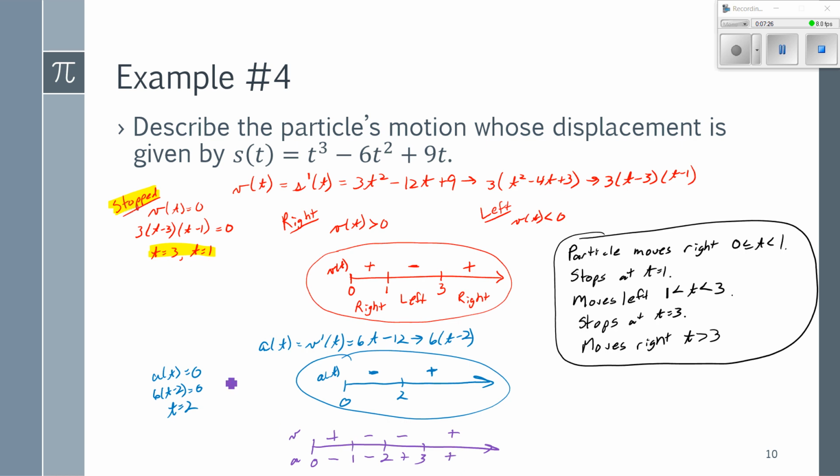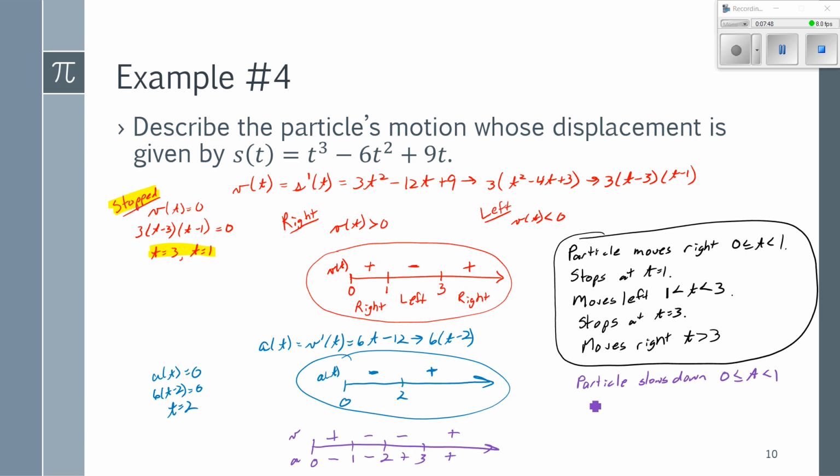And now I can see from 0 to 1, velocity and acceleration have opposite signs, so the particle slows down for t's from 0 to 1.